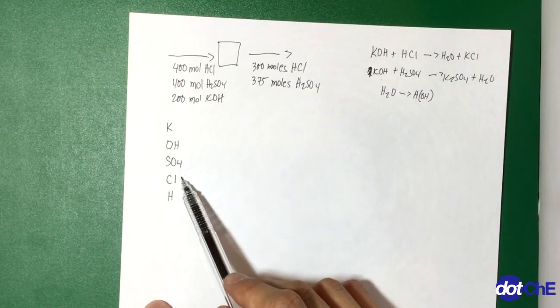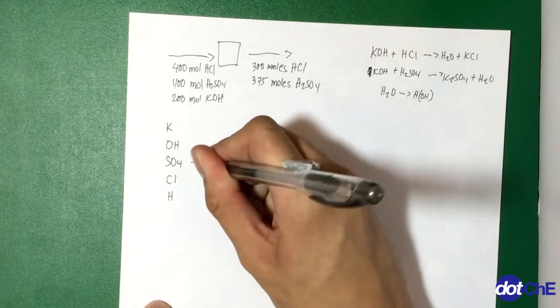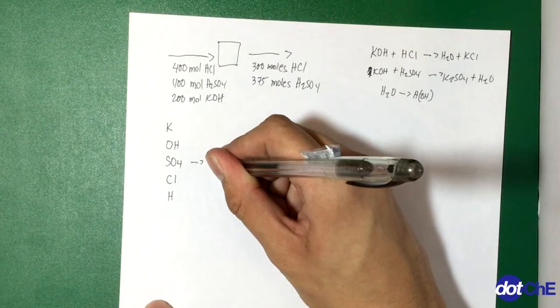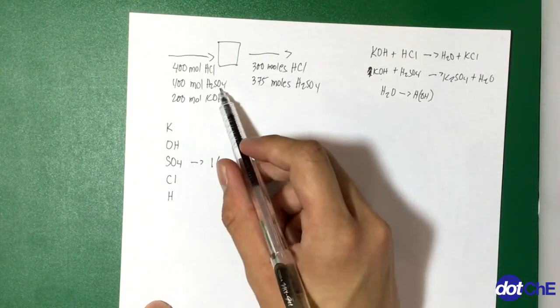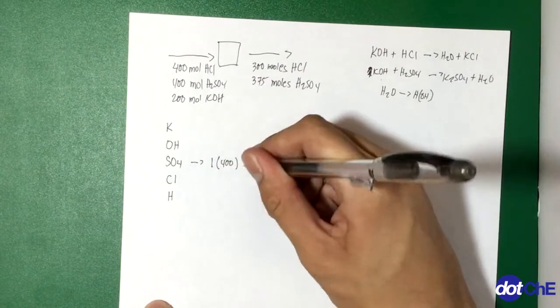So first I'm going to start with the SO4 and Cl balances because they are very, very easy. Let me start with the SO4 balance. That's 1 times 400 because you could find 1 mole of SO4 in H2SO4, and there are 400 moles of H2SO4.